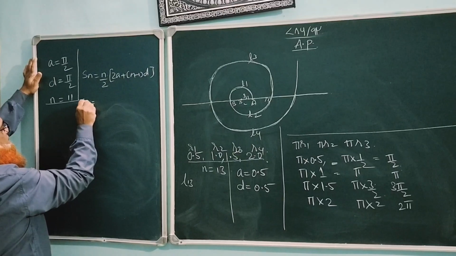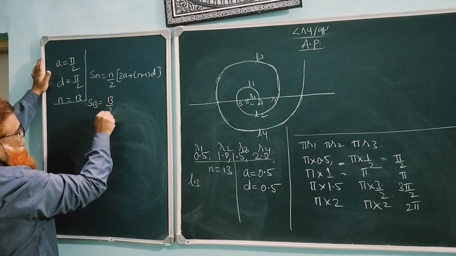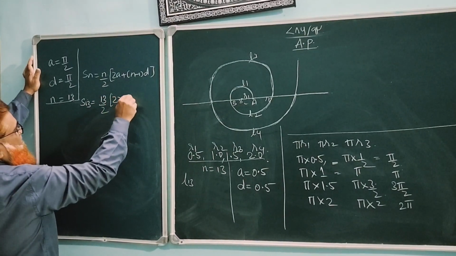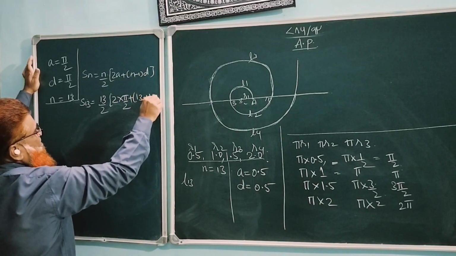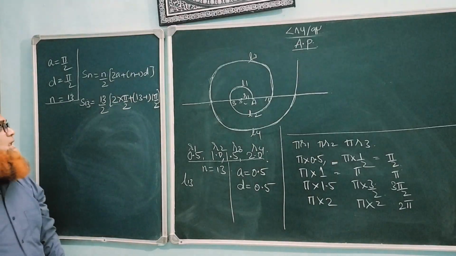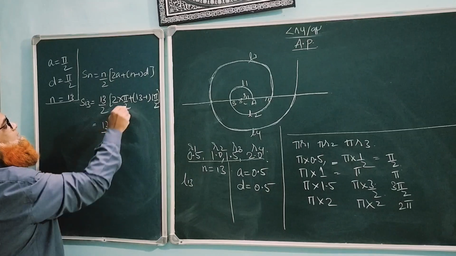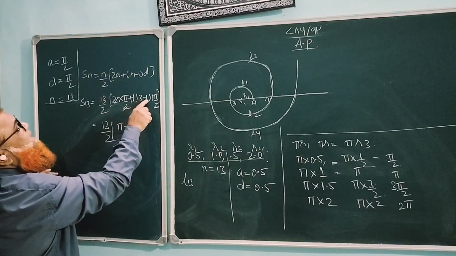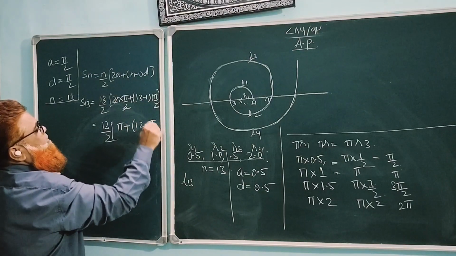Just write the given values. S13 is equal to 13 by 2 into 2 into pi by 2 plus 13 minus 1 into pi by 2. Now 13 by 2: 2 ones are 2... 2 into pi by 2 is pi, plus 13 minus 1, which is 12, into pi by 2.